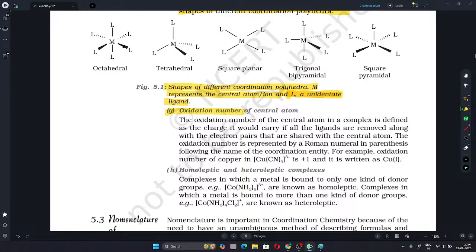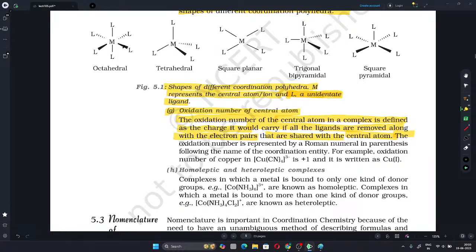The next is oxidation number of the central atom. The oxidation number of the central atom in a complex is defined as the charge it would carry if all the ligands are removed along with the electron pairs that are shared with the central atom.